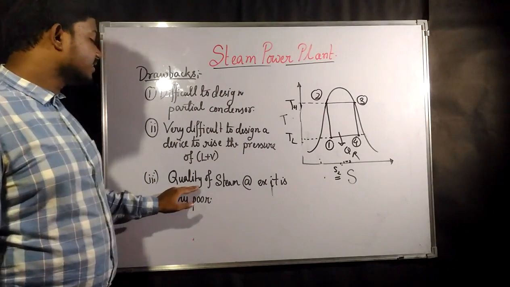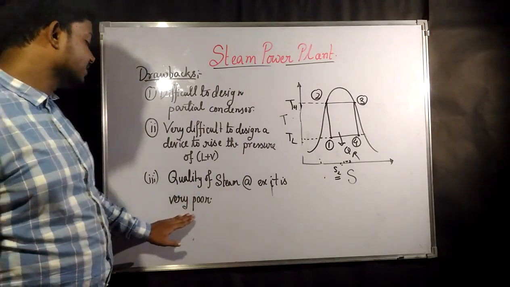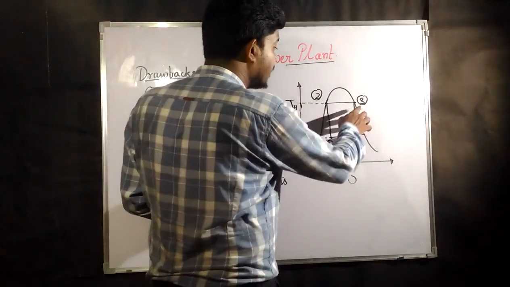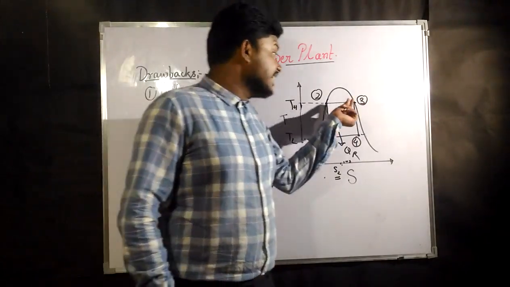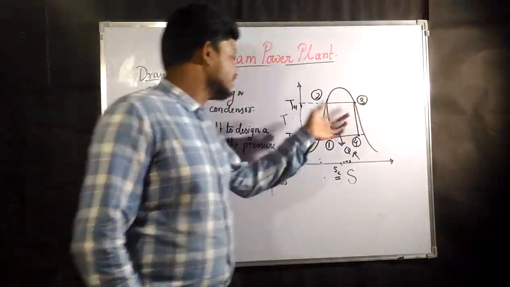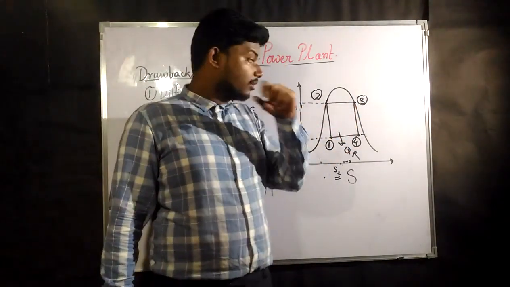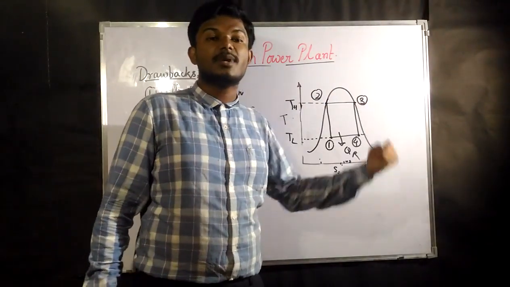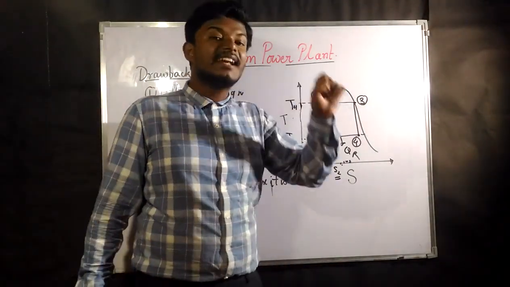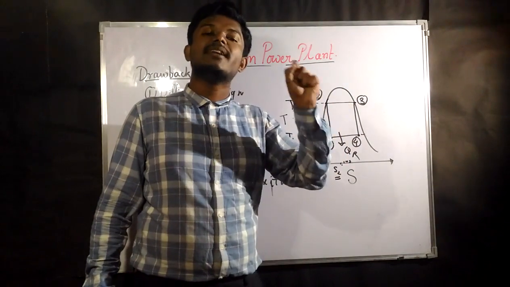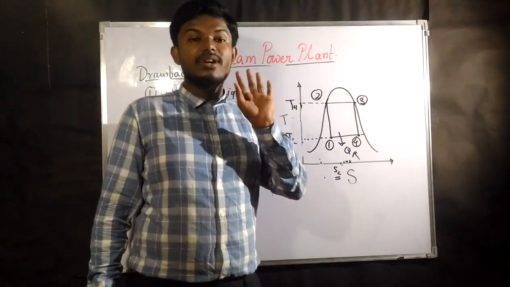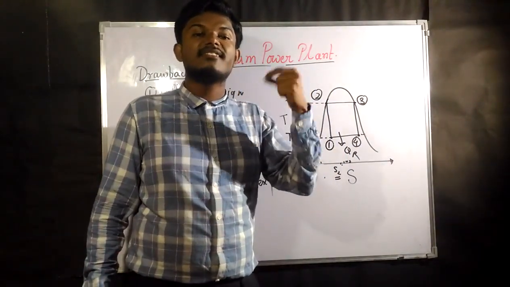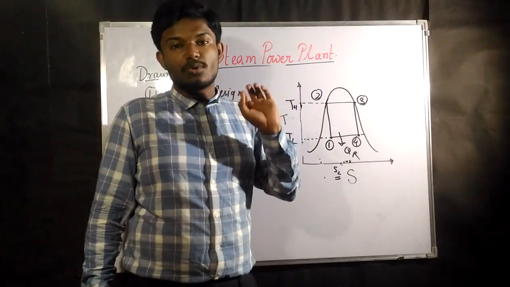The third thing is that the quality of steam at the exit is very poor. 3 to 4 is the turbine work, where isentropic expansion is going on. The inlet at the turbine is saturated gas. Saturated gas means it has just completed the evaporation process.